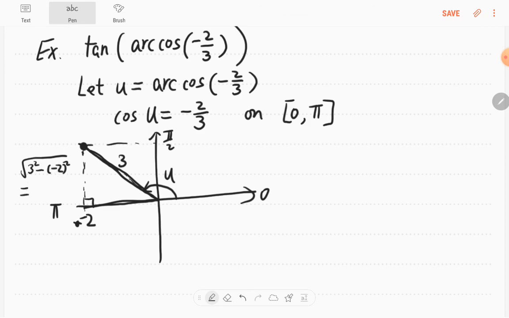It's just plus 2 squared, it doesn't matter, so it's square root of 5. So this point is negative 2, square root of 5. Our tangent of u equals y over x, which is square root of 5 over negative 2. That would be your answer for this problem.